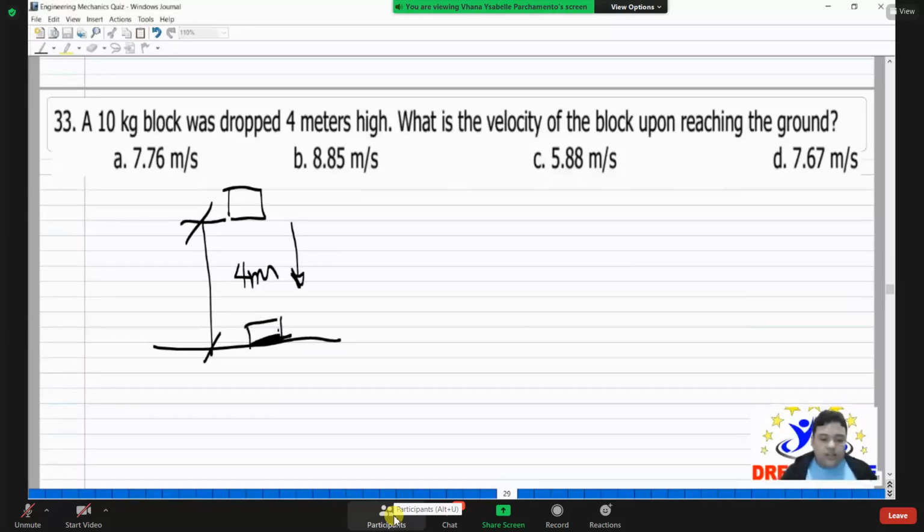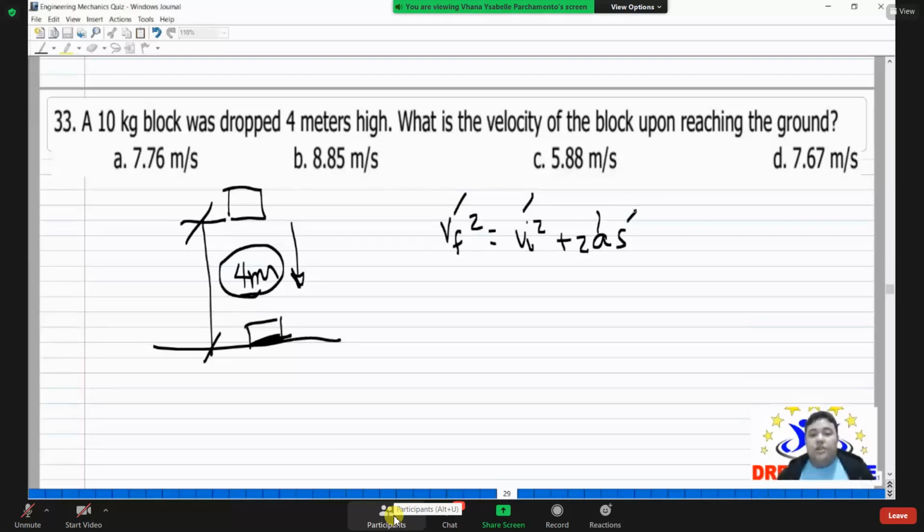So, ano daw yung velocity kapag masa-strike na siya sa ground? So, this is equal to VF squared is equal to VI squared plus 2AS. Bakit ito yung ginamit ko? May final, may initial. Meron tayong displacement, meron tayong gravitational acceleration. So wala tayong time kasi, kaya ito yung ginamit natin.